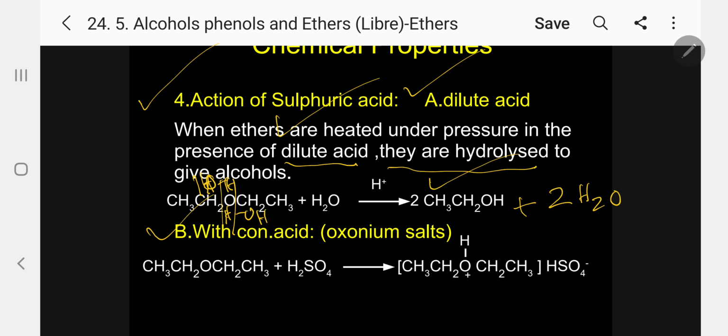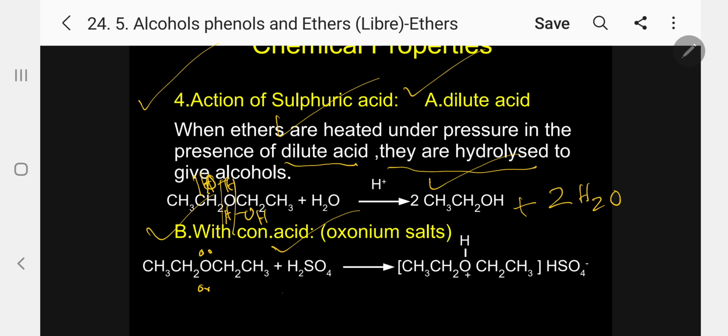Suppose, kindly follow, with concentrated acid, because there is a lone pair on the oxygen atom, oxygen is 2s2 2p4, 6 electrons in the outermost shell. Out of the 6, 2 electrons are already bonded to 2 carbon atoms, so 2 lone pairs are there.